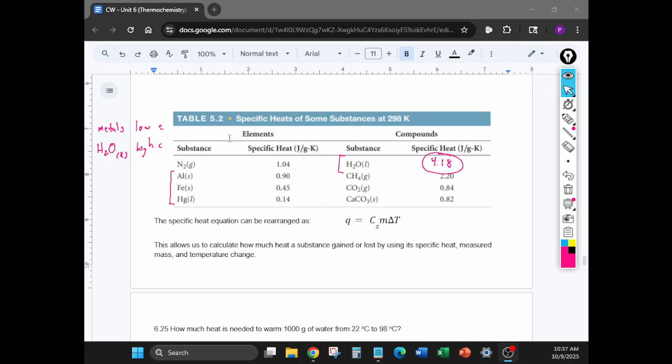With that general concept of specific heat, now we're going to talk about calorimetry. And calorimetry is, again, where we figure out how much energy is transferred between two objects.